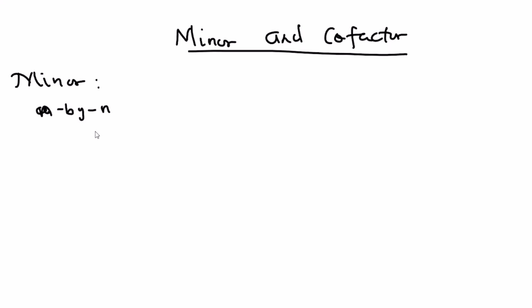So we are saying that a minor is defined as a value calculated from the determinant of a square matrix, which is obtained after crossing out a row and a column corresponding to the element that is under consideration.